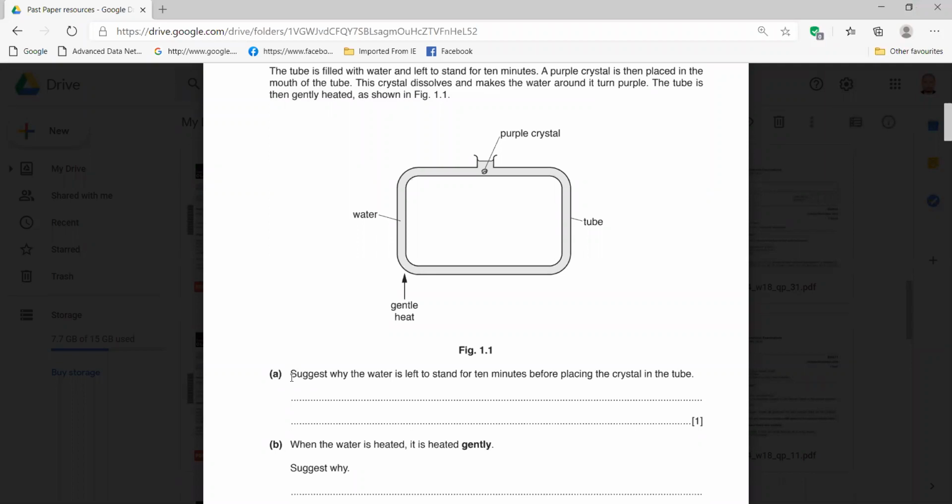Suggest why the water is left to stand for 10 minutes before placing the crystal in the tube. Tell us. Think. If you cannot get it instantly, then think for a while. Then tell us. Organize your answer.